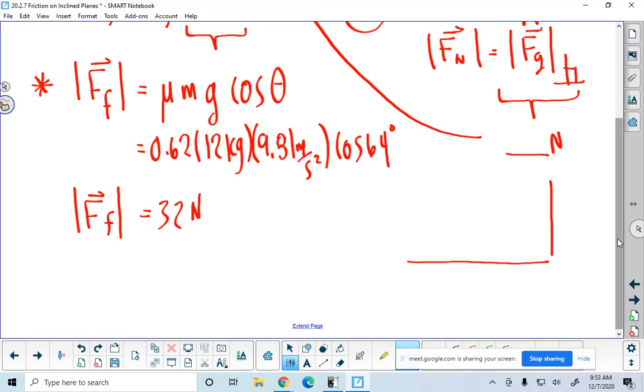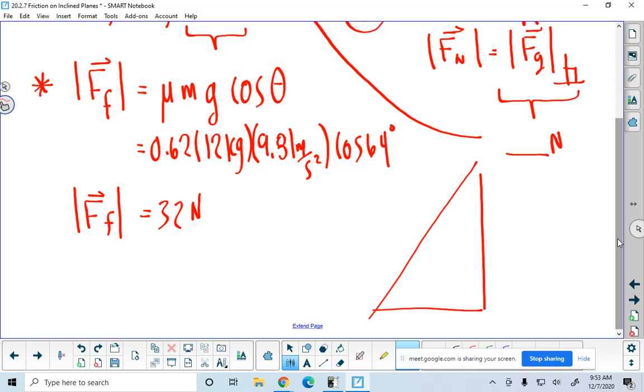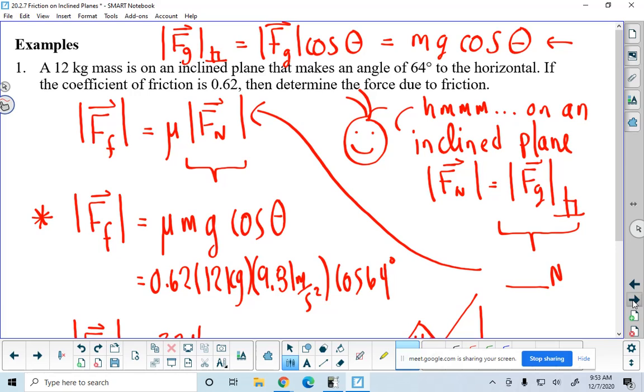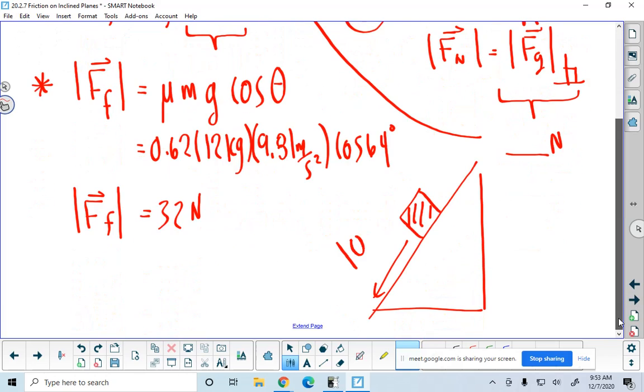It's 64 degrees, so it's quite steep. Here's the box. The force due to gravity down the ramp is 106 newtons. My question to you is this: will the box slide down the ramp? And why or why not?